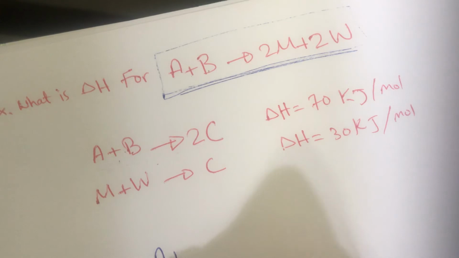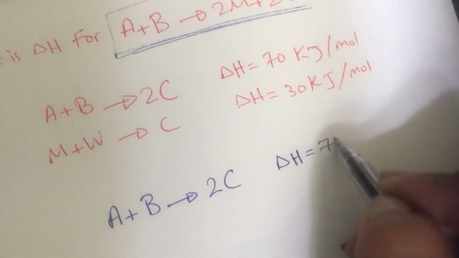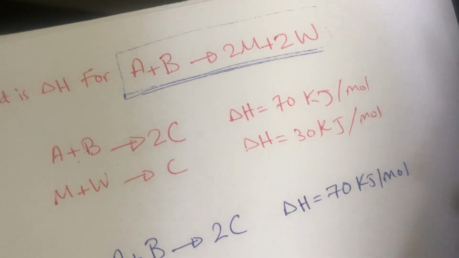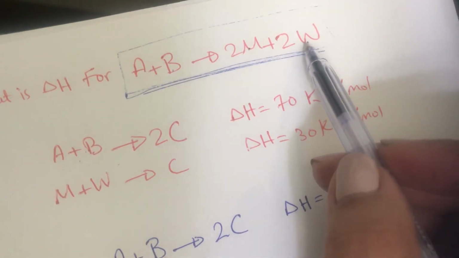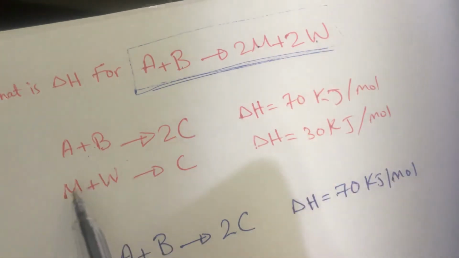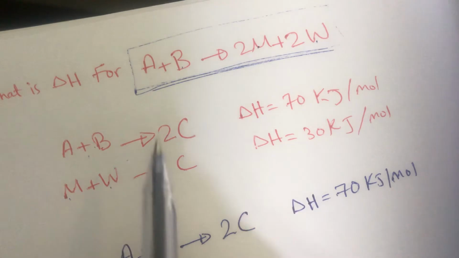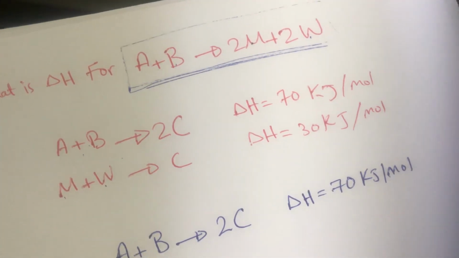A plus B produced 2C. Delta H equal 70 kilojoule per mole. Now here M and W are in the product. Here M and W are in the reactant. So the first step, you have to reverse the reaction or flip the reaction.